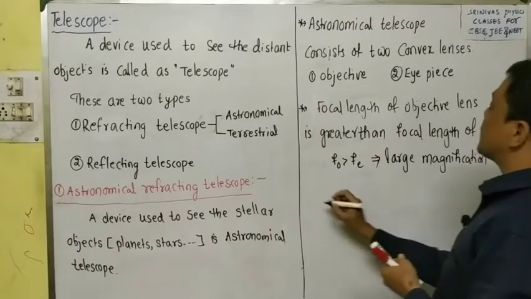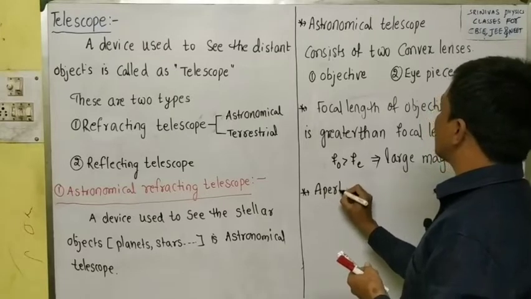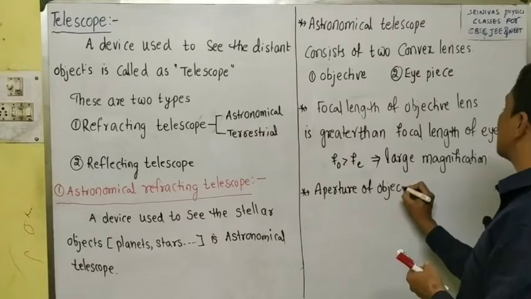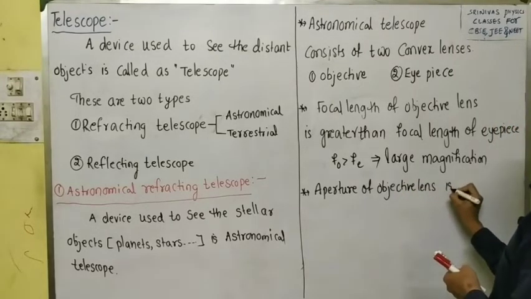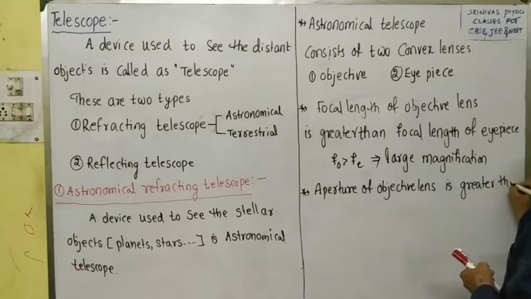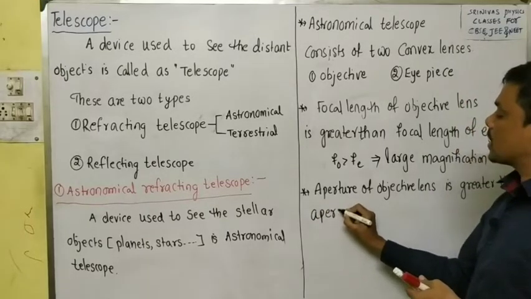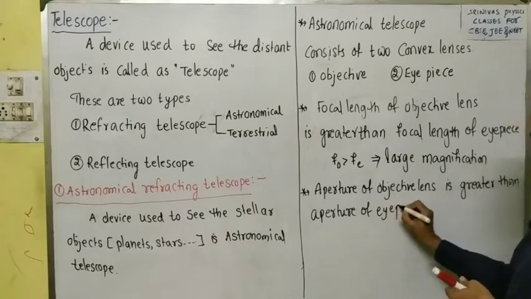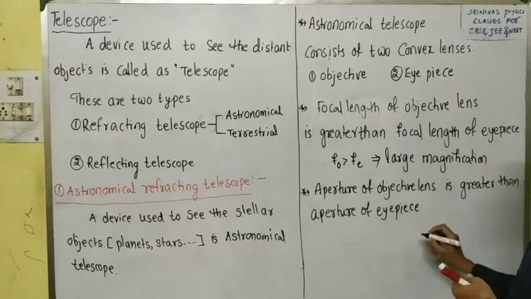One more point is that the aperture of the objective lens is also greater than the aperture of the eyepiece. Aperture means the diameter of the lens, the area through which the light passes.